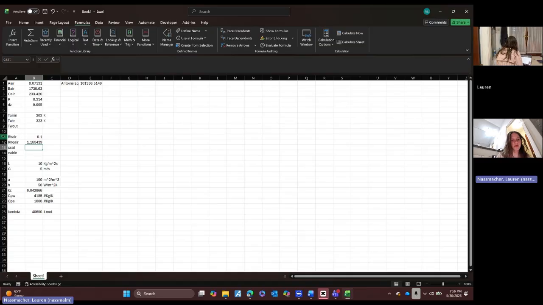So now we want to find our concentration of our saturated water, which is the water at 100%. So we can use Antoine's equation for this. And the temperature is just going to be the temperature that we are given.